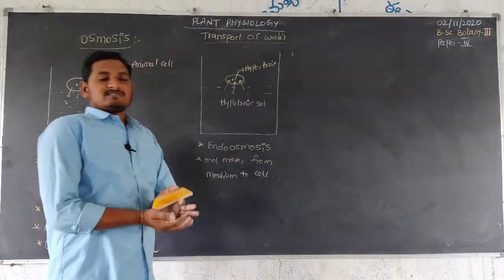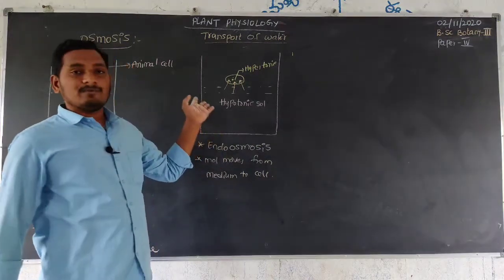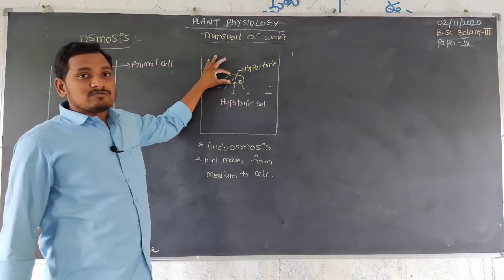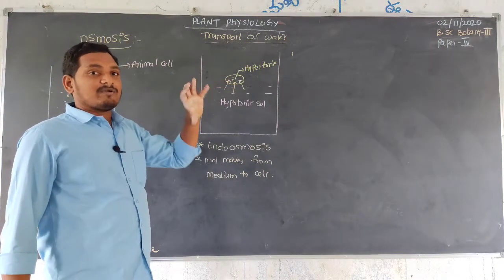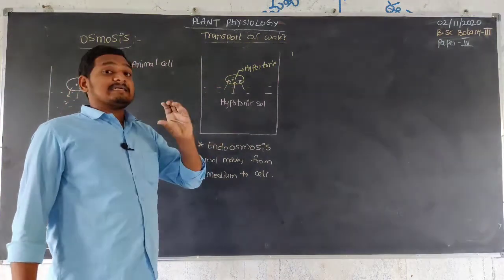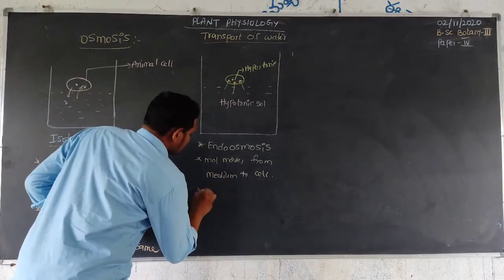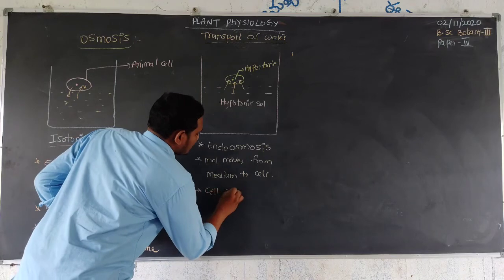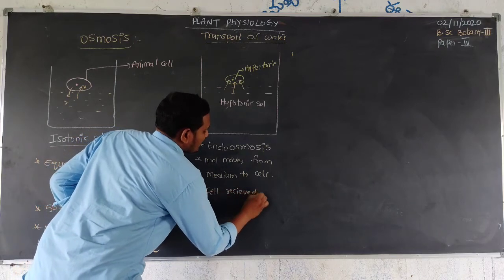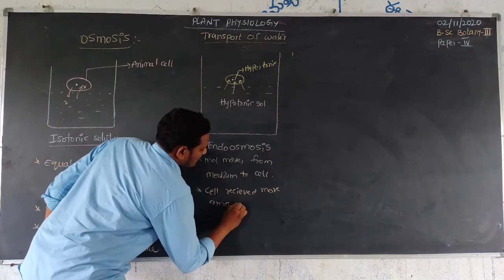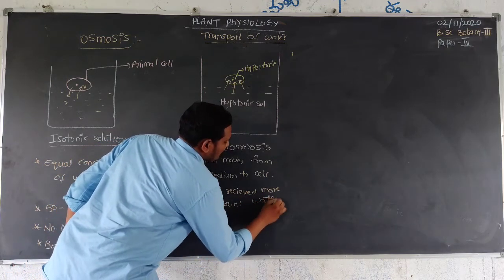And due to the endoosmosis, what will happen? Water moves from the medium to inside of the cell. The cell mainly bulges, or swells, and becomes turgid. The cell received more water.